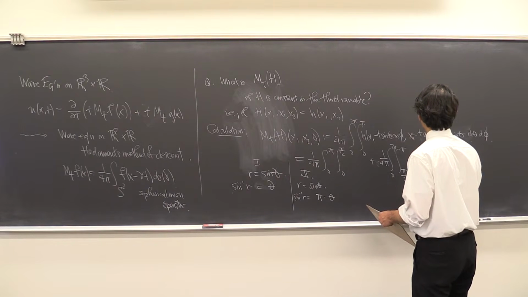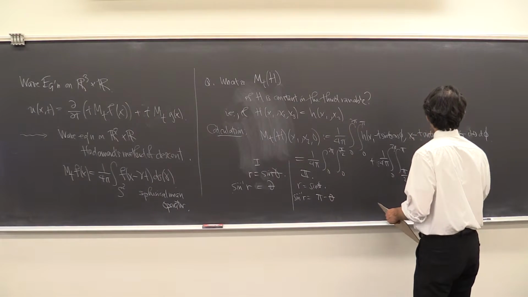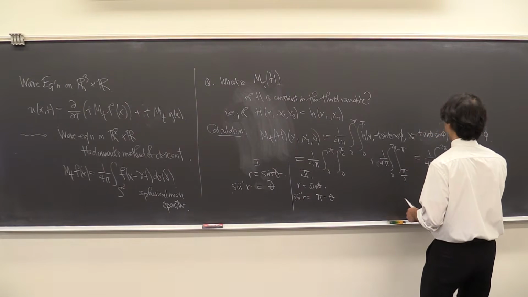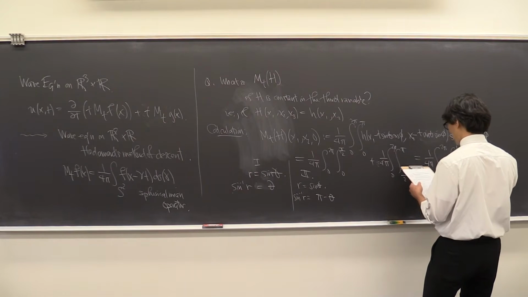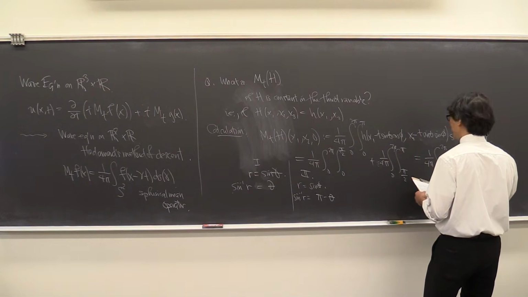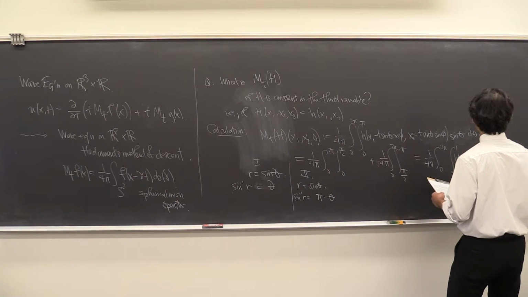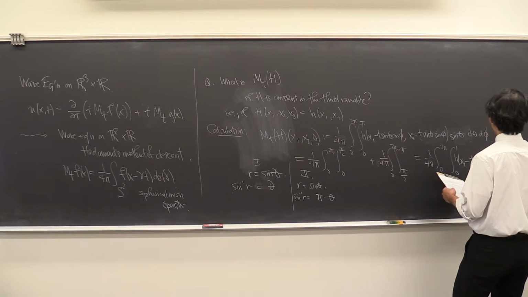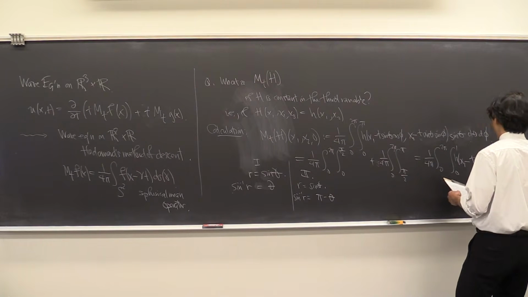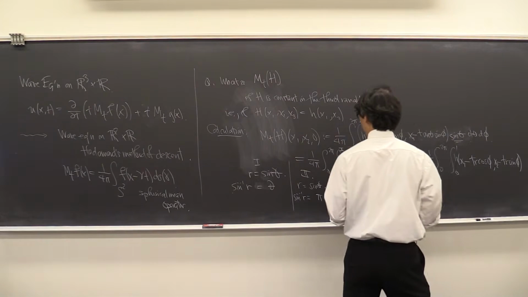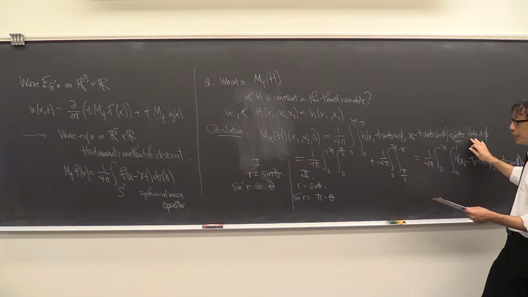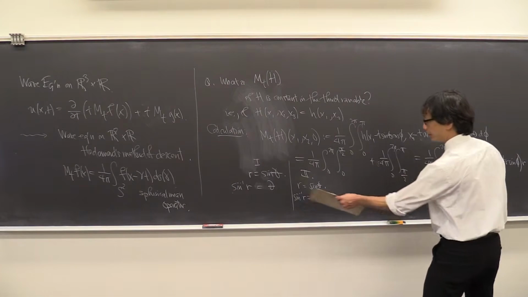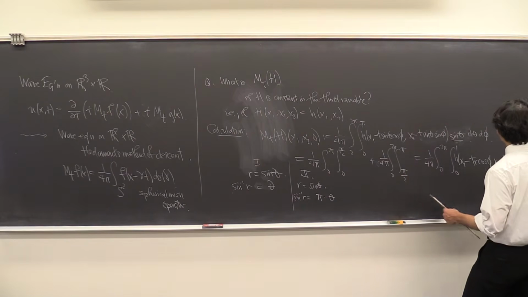So you get the integral from 0 to 2 pi, integral from 0 to 1 of h of (x1 minus tr cosine phi, x2 minus tr sine phi), and then we have sine theta, which is r, and we have d theta, which is going to be the derivative of the arcsine.